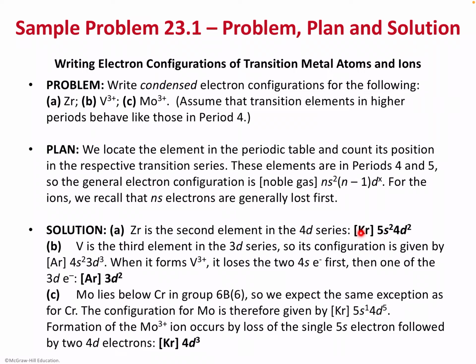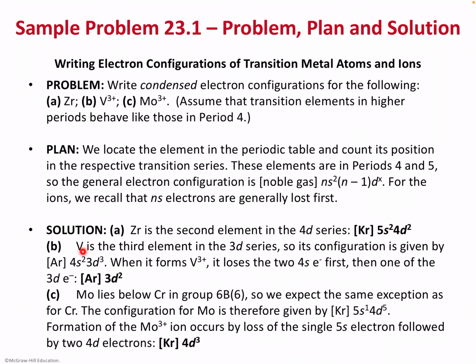Zirconium is in the 5th period, right? So when it comes to zirconium, it has already filled up the s electrons. So it should be 5s2, and then you count 4d1, 4d2. That is where zirconium is located. Okay, so that's going to be its electron configuration.